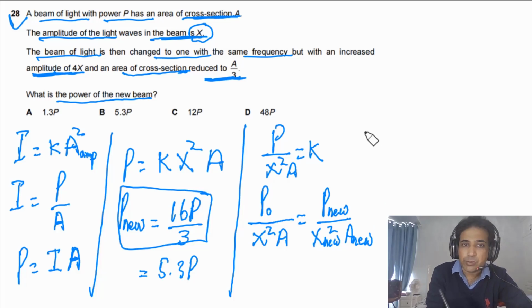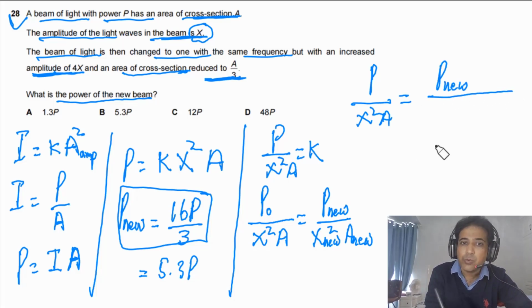So these are the points you need to understand. From here you can see this is P naught, so simply I can say this one is P, divided by X squared times A, and here is P new. We need to find the value of P new. X new is 4X, so this is 4X squared, and new area is A by 3.